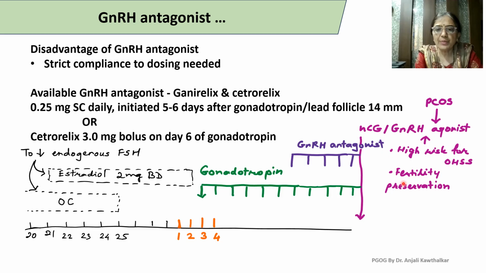And whenever we are doing this ovarian stimulation for fertility preservation, for that also this GnRH agonist use is preferred over HCG. So this is the advantage of this. Another advantage of this GnRH antagonist protocol is that GnRH agonist can be used for the final stage of oocyte maturation instead of HCG, ultimately reducing the risk of OHSS.